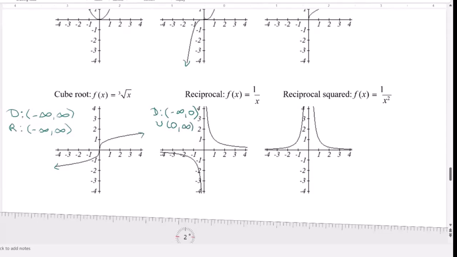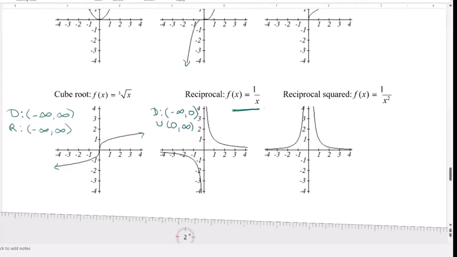Because I have those parentheses instead of the square brackets, it means it's not including 0 in either way. So it's like we're coming all the way up to 0, not including 0, and then we're starting right past 0 and going all the way to infinity. Why is that so? If you look at your function, we're not allowed to divide by 0. So we have to make sure we take out that 0.